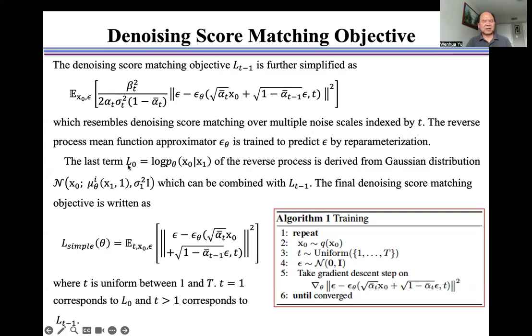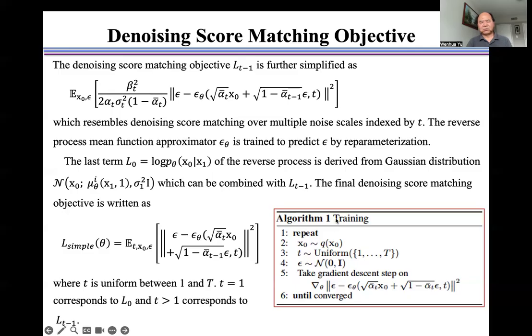The last term L0 of the reverse process is derived from a Gaussian distribution here, which can be combined with Lt minus 1. The final denoising score matching objective is written as here, where t is uniform between 1 and capital T. T equal to 1 corresponds to L0 and t larger than 1 corresponds to Lt minus 1.